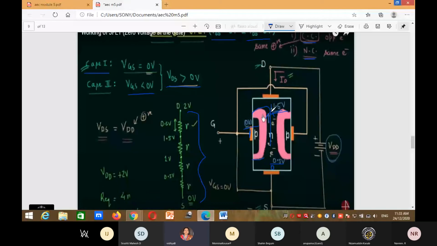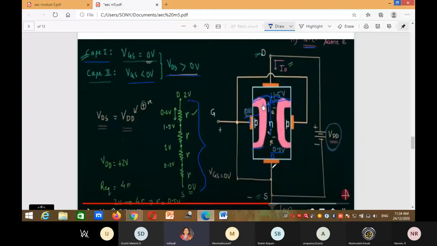The depletion region will start increasing, and at a certain point both depletion regions will coincide and block the electrons flow from source to drain.